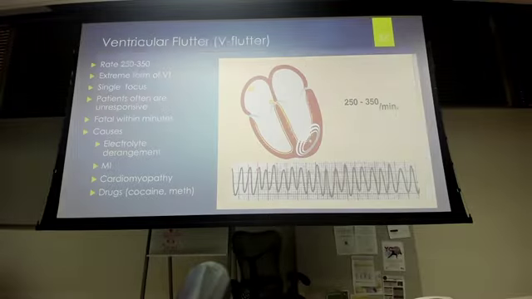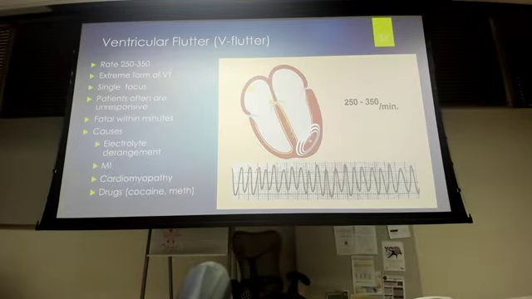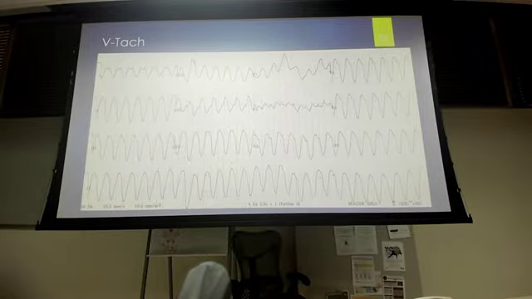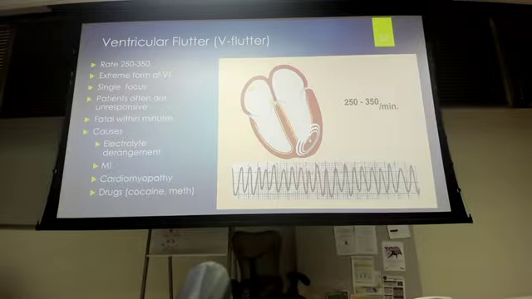So that's VTAC. Now, this is V-flutter. V-flutter is an extreme form of VTAC, meaning if you were to look at this right here, does everybody see the difference between this rate and this rate? We have about 150 here, but look at this.